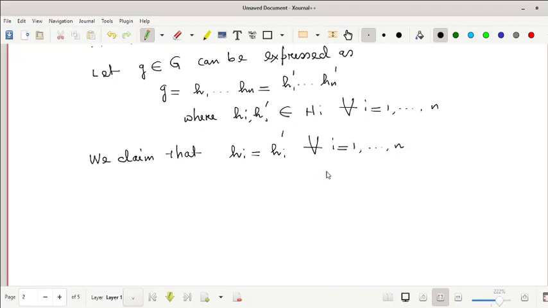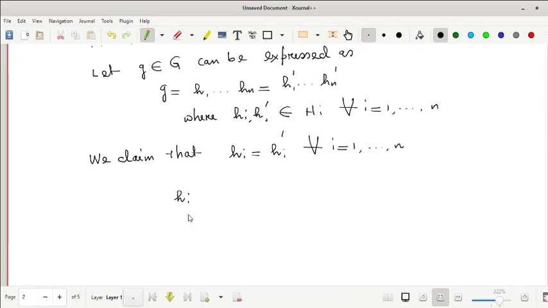Okay, fine. How to do that? For that, what is hi? See, your g is equal to h1 h2 ... hi ... up to hn.